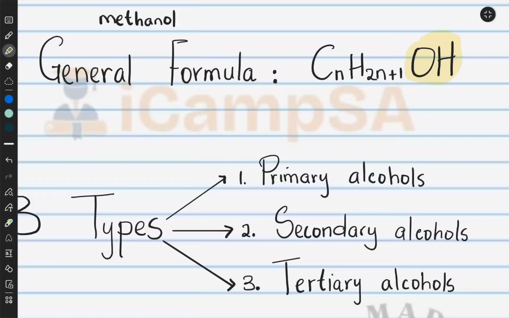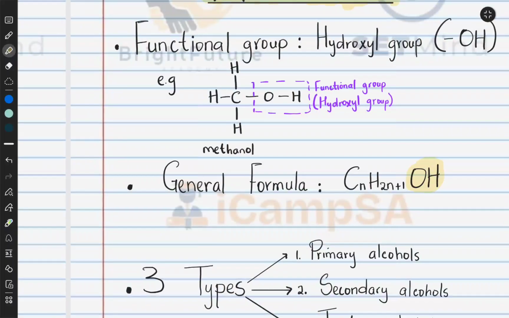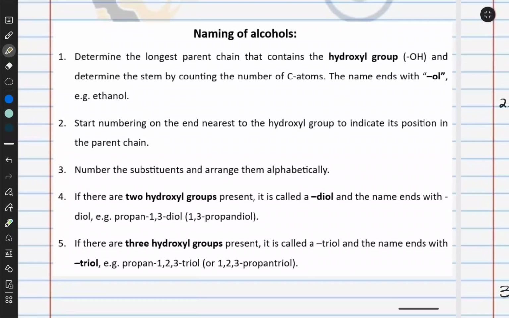The rules are the same as the ones we had when we were looking at primary, secondary, and tertiary haloalkanes. So just to illustrate that, we will look into that after understanding the rules of naming alcohols.